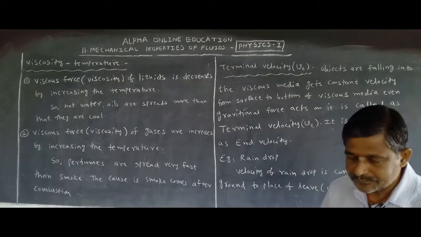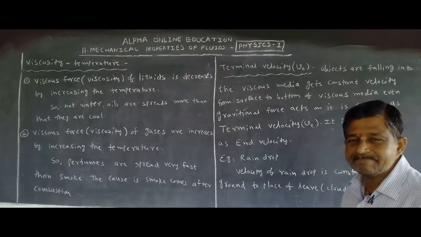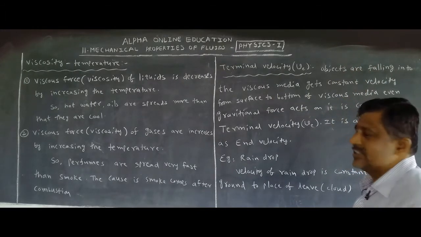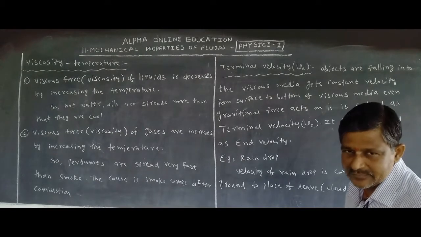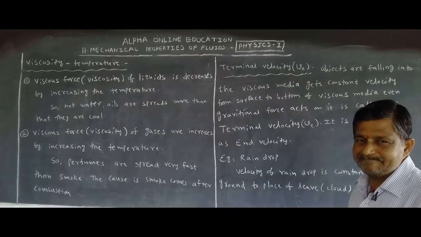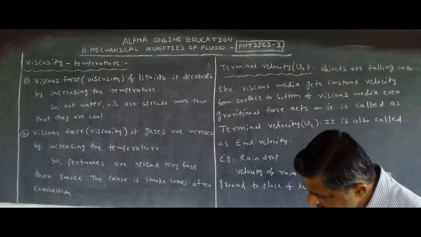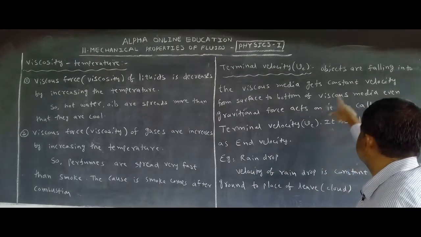Okay, now another one, terminal velocity. What is the terminal velocity? It is also called end velocity. Terminal velocity means constant velocity. Terminal velocity is called end velocity and it is a constant velocity. Now let us see.